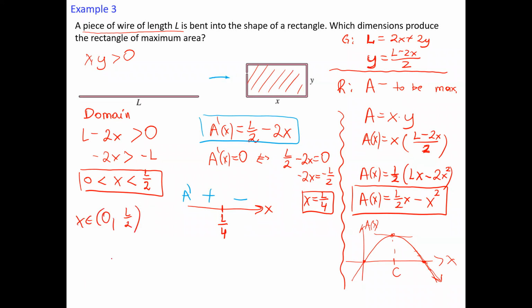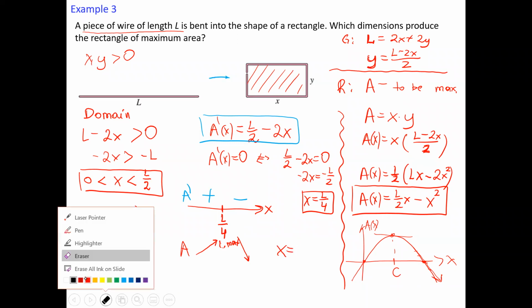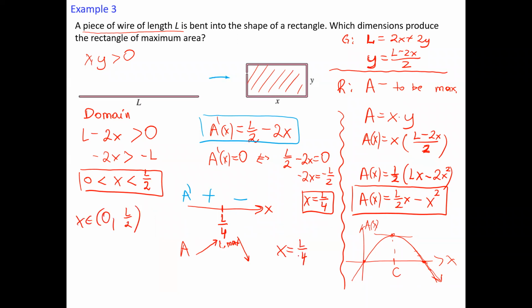And then function, the area, behaves as increasing, decreasing. This is local maximum, but this is also absolute maximum because we know that other values are lower. Okay, it means the x is a quarter of the L, and this will give us maximum.